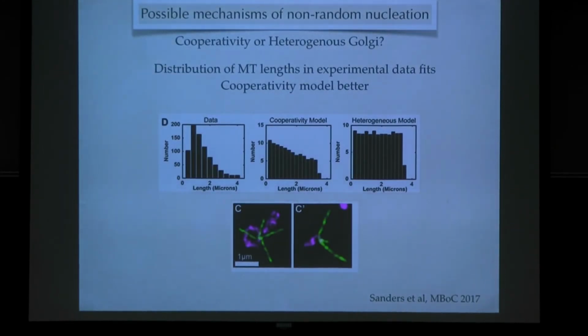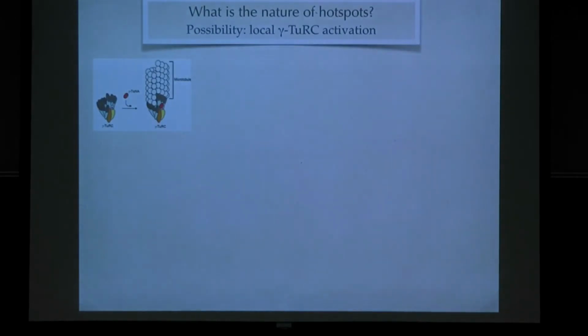So far our preferred idea is that whenever a first microtubule is formed, it causes formation of additional microtubules through a cooperativity mechanism. How could this happen? We have tested a variety of molecular mechanisms, a variety of hypotheses, and for the sake of time, I'm telling you about one that worked.